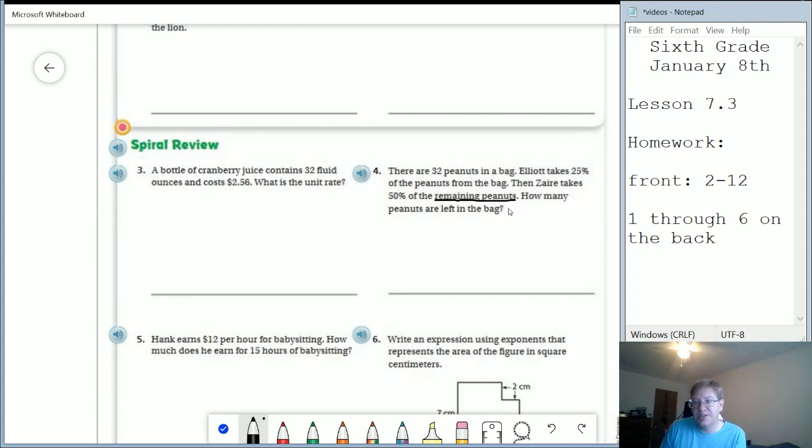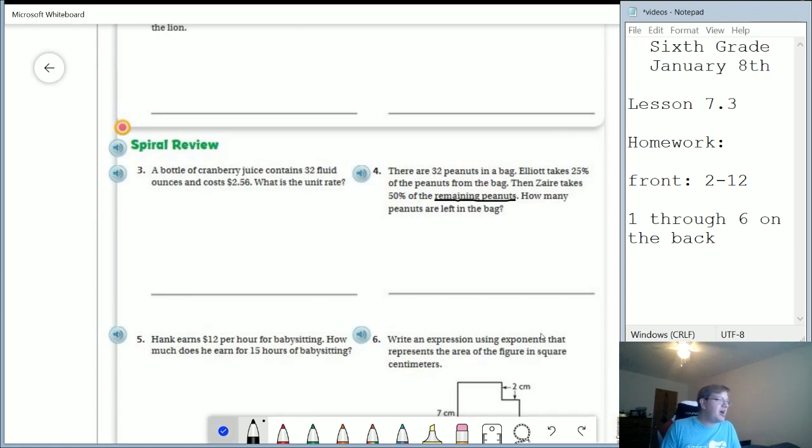So that could change the answer slightly. So don't just automatically assume, oh, we're taking 25% of the 32 and the other person's taking half of the 32. That's not what they're saying. Half of what is left after Elliot is done will get you to the right answer. And the answer is going to be the number of peanuts remaining after Zaire is done.